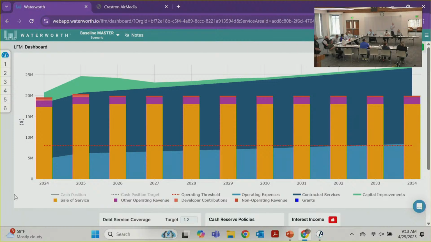We didn't do a percentage on this one. I think there's an actual policy. You have a cash reserve policy that says you ought to have more than that as your operating threshold. But we think we could revisit that cash reserve policy and lower it a little bit. We think $8 million is a good number as a threshold.